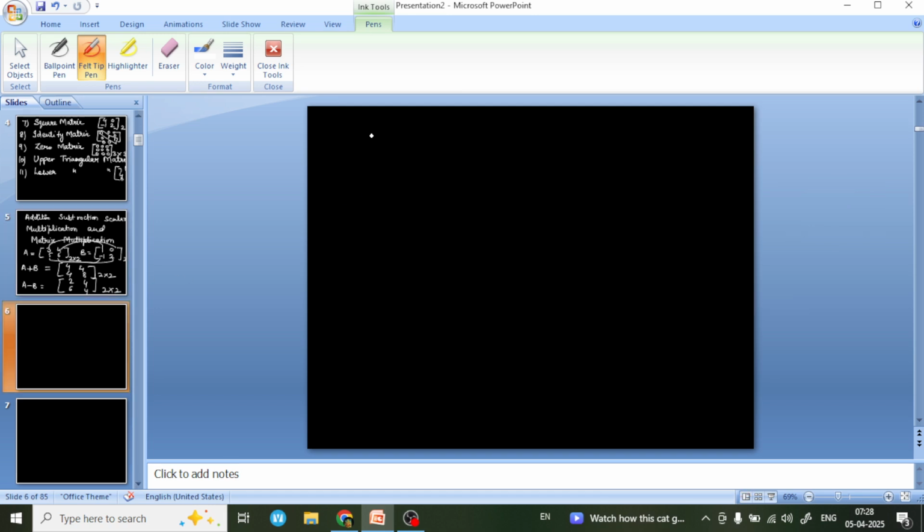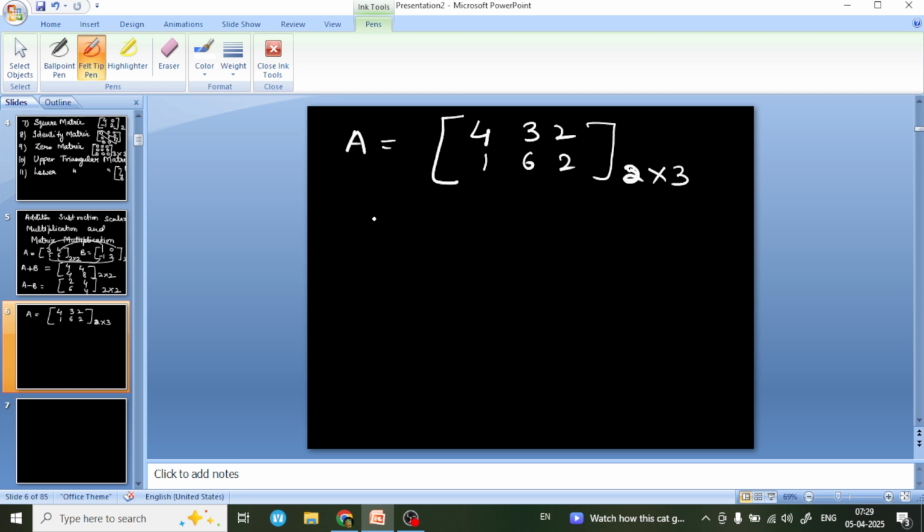And in the case of scalar multiplication, you only have to multiply by one single constant value, whether that is an alphabet or any number. For example, you are given this matrix 4, 3, 2, 1, 4, 6, 2, and this has an order of 2 by 3. And you have to find 2A.